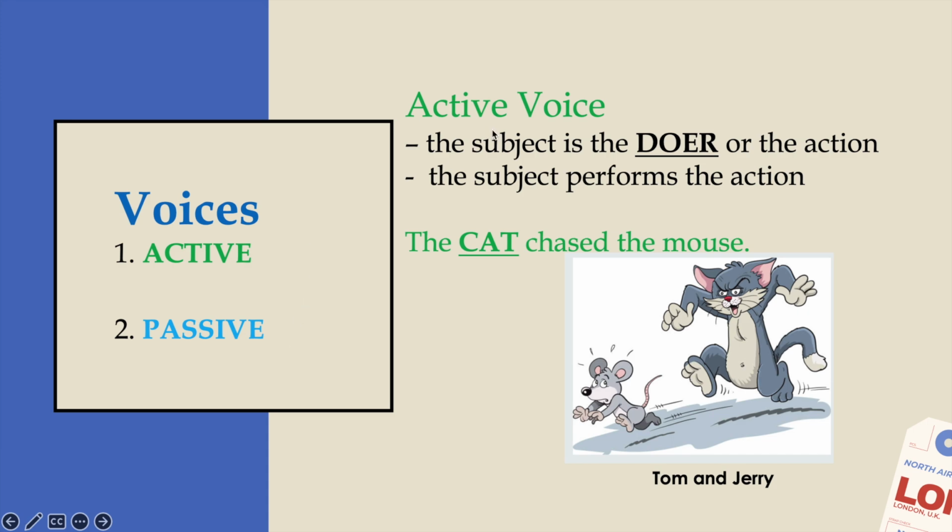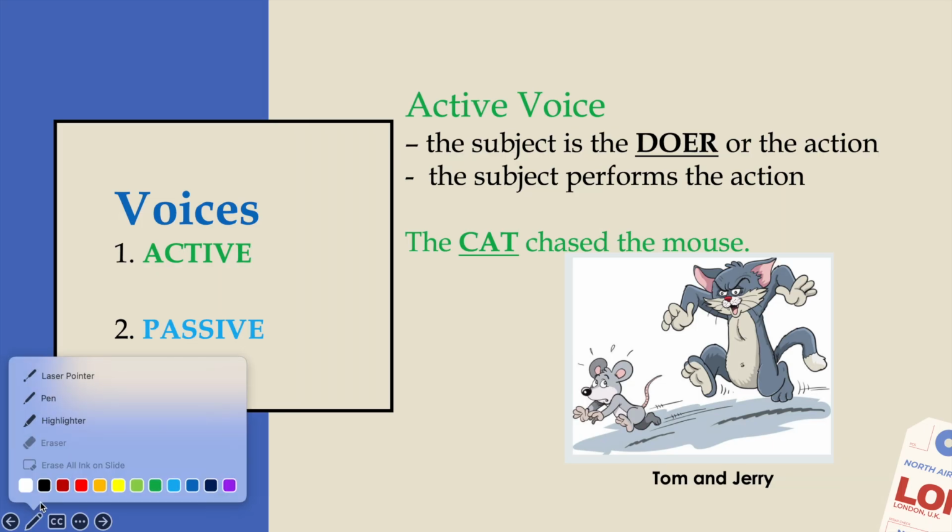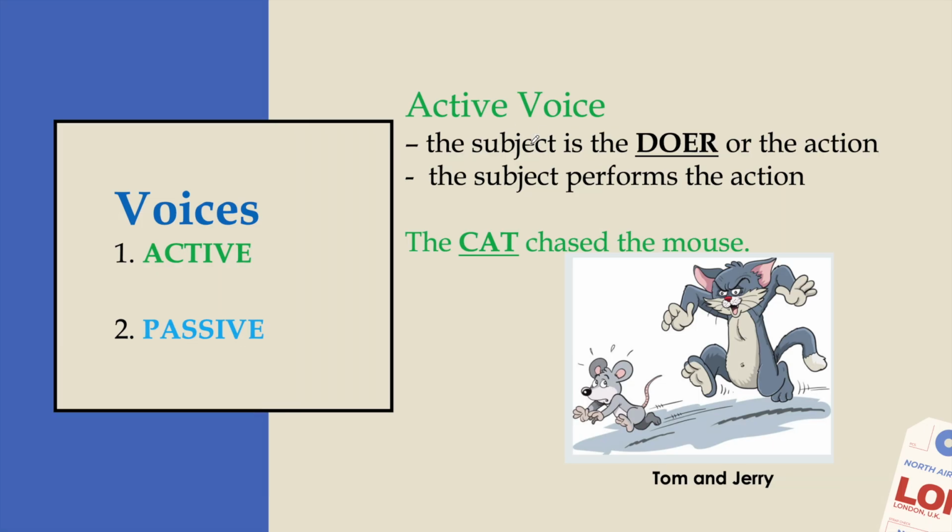The active voice means the subject is the one doing or performing the action. Let me repeat that. The active voice means the subject is the one performing the action.